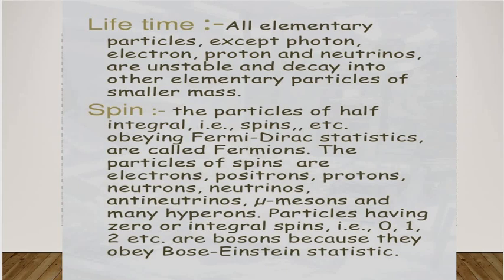Then there are many other particles which have zero or integral spin. ഒന്നുകിൽ 0 spin ആയിരിക്കും അല്ലെങ്കിൽ 1 അല്ലെങ്കിൽ 2 ആയിരിക്കും in terms of h cross. 0 or integral spin particles are called bosons because they obey Bose-Einstein statistics.